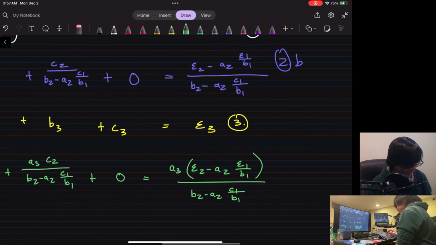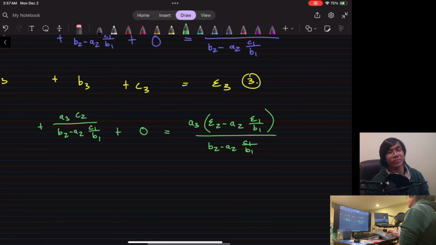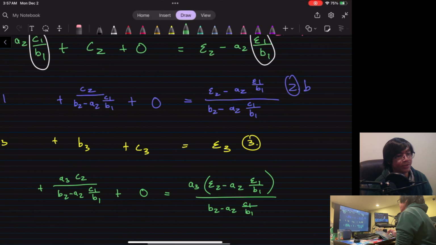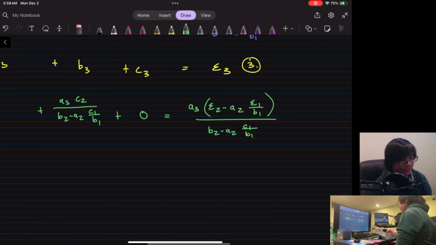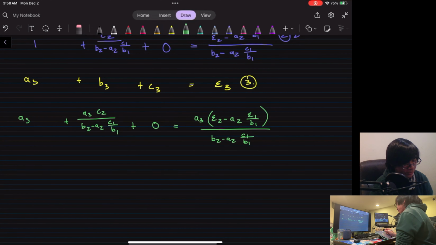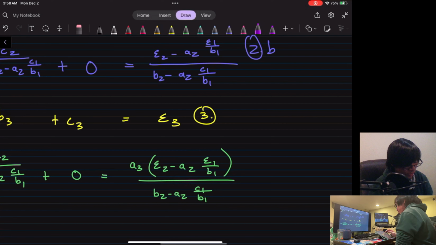So yeah, this keeps on getting crazy. Again, we've only done this for 3 equations, and you'll know how difficult this gets with higher order matrices. Next step will be subtracting.